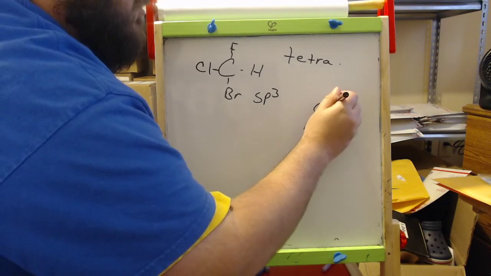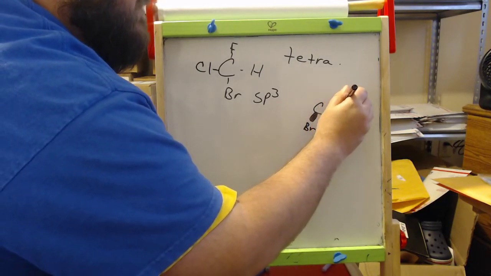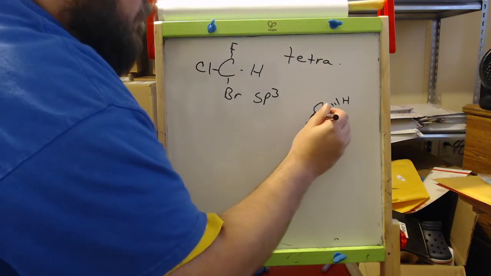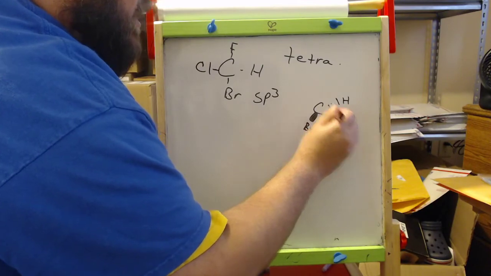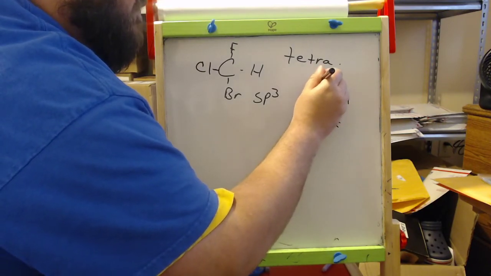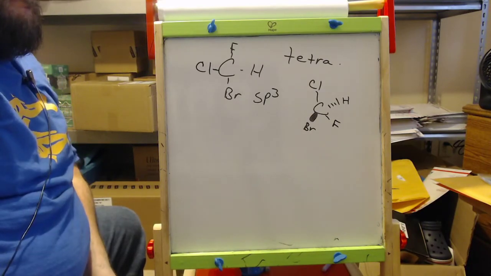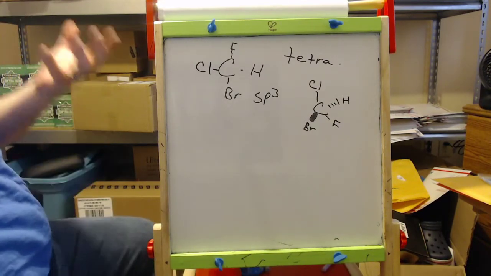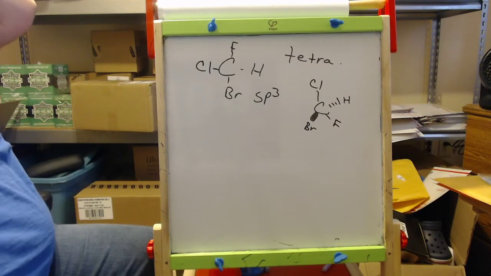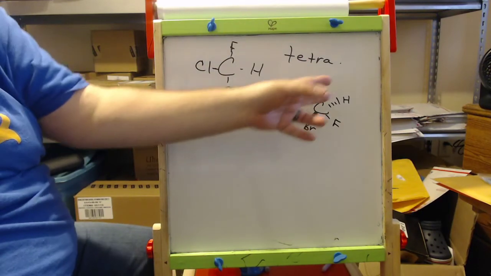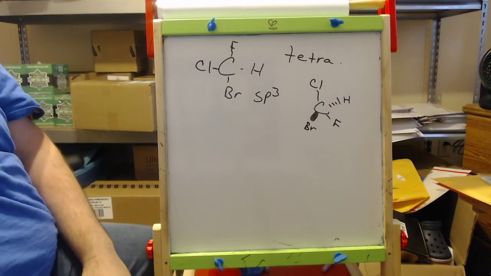A dash means I'm going back into the board. A line means I'm in the plane. And it doesn't matter how you align it right now. This is known as the wedge and dash method to show 3D structure.